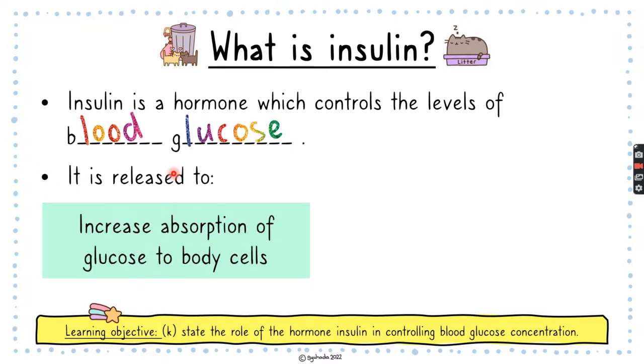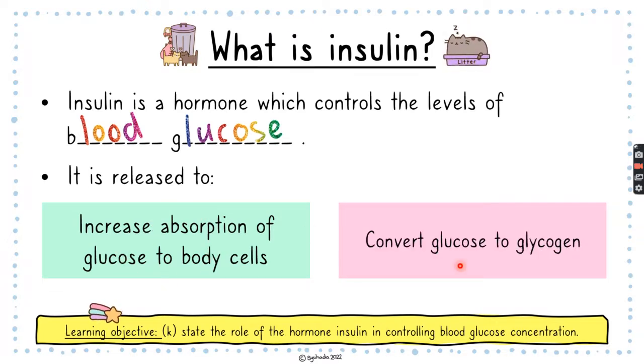And it can be released, as in insulin is released, to increase absorption of glucose to body cells and to convert glucose into glycogen. So this does get a little bit confusing here. The thing about insulin that you need to know is that you want to store glucose.